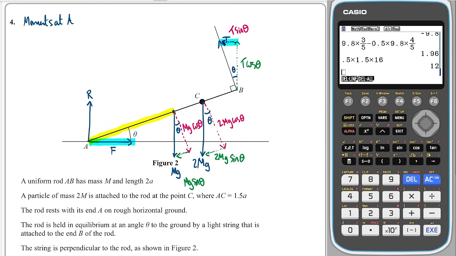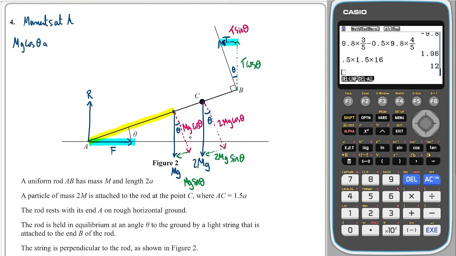I come to my first force, I look down perpendicularly, and that is mg cos theta. And that is a distance of a away. So I multiply mg cos theta by a to get the moment.